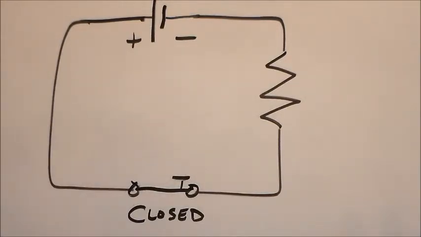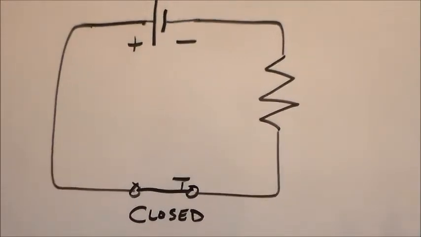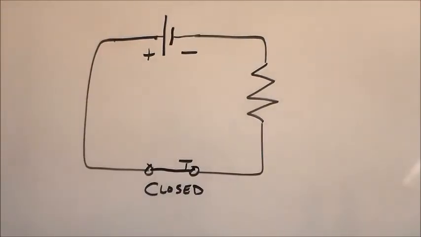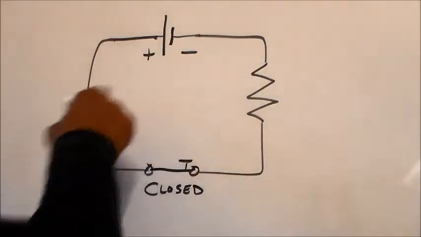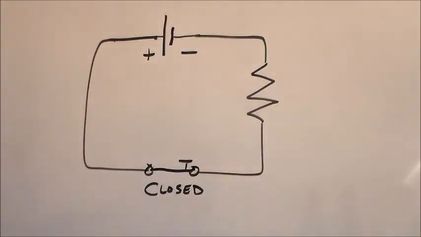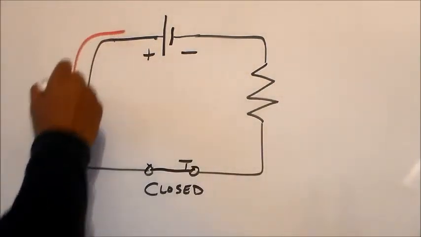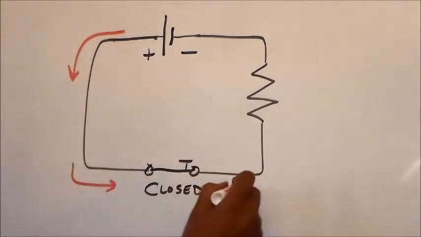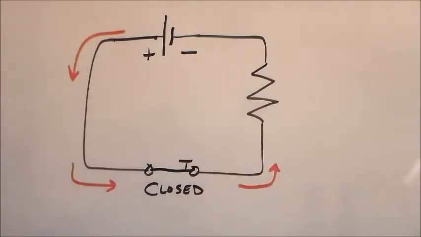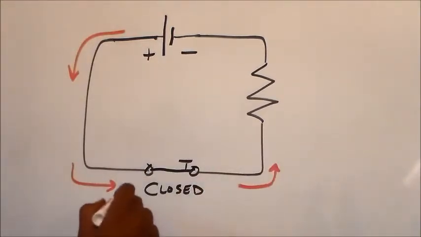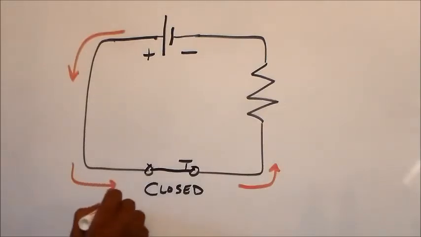Just trying to think a couple more things I would like to add. Just for our purposes, conventional flow. How the electricity moves through the circuit. We have our negative terminal here, positive terminal here. So for conventional flow, we want to think of this as the current going in that direction. So this is called conventional flow.